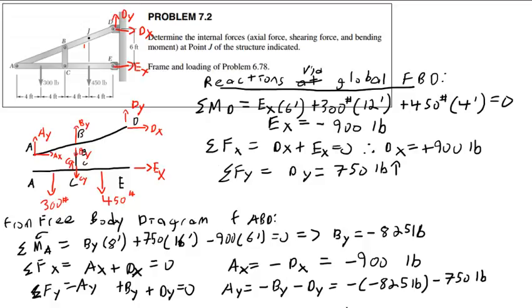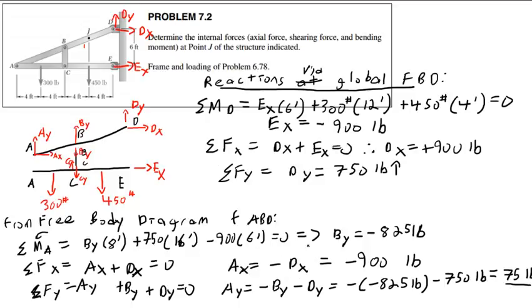And from this 825 minus 750, I get 75 pounds. Any issues with this so far? So positive 75 pounds. Any questions on this?